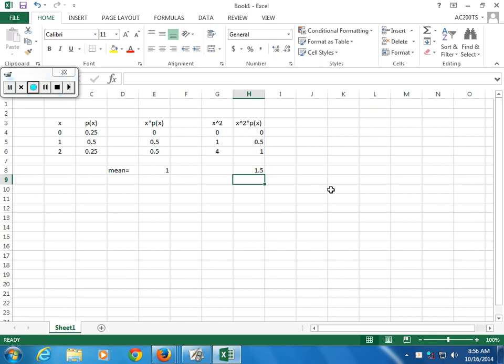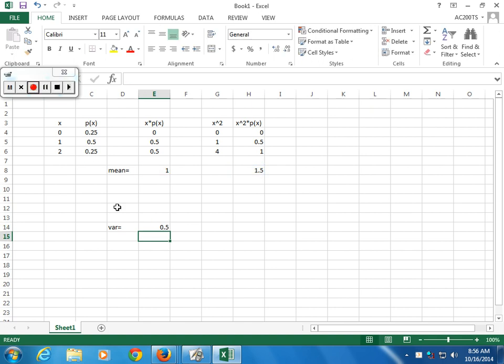Now, what do we do with 1.5? After you get X squared times P of X, what do you do to it? You add it up, and then you subtract what? Mean squared. So I'll go down here, and I'll say variance equals this guy minus this guy quantity squared.